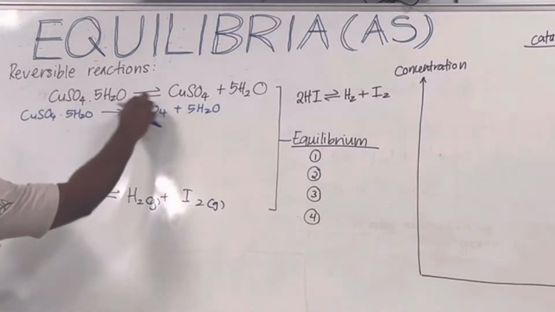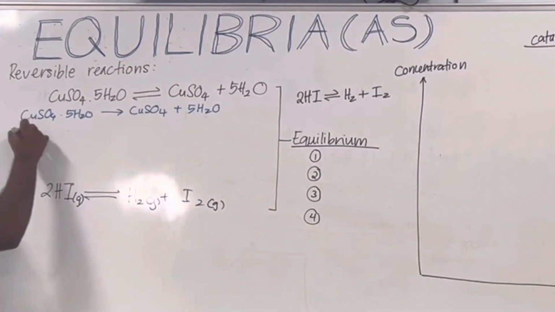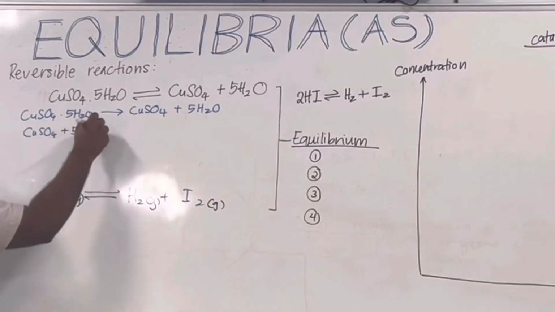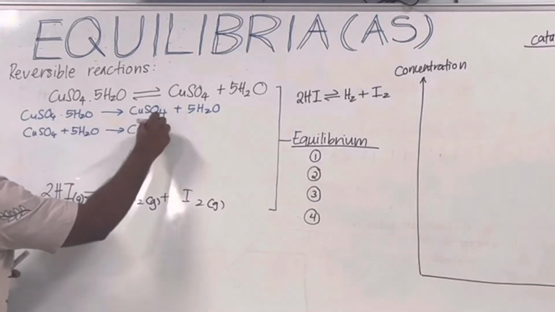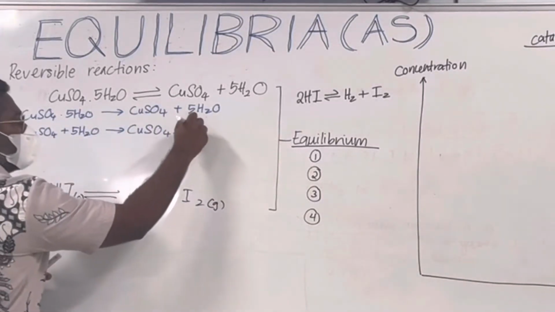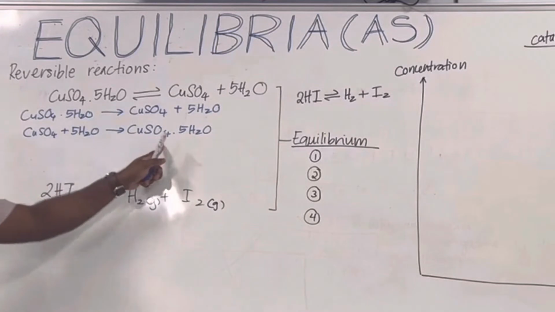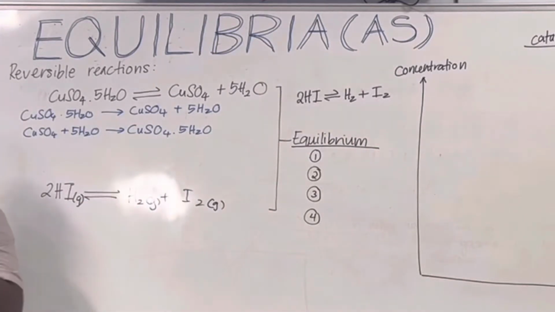It means they can go backwards: CuSO4 when added with 5H2O is going to give you CuSO4.5H2O. The color change is from white powder to blue powder. So this is a test, and it can go forward and it can go backward. That's why this is called a reversible reaction.